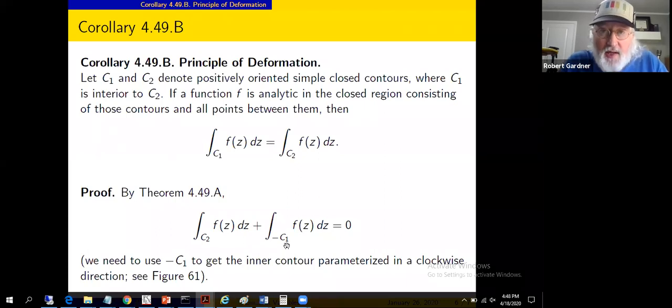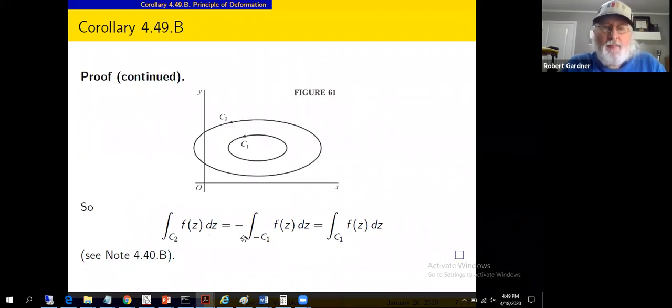Well, let's look at negative c sub 1. Then, remember what we had in theorem 4.49.a. We had a big contour on the outside, and on the inside, we had a bunch of little contours. The bunch is just one this time. And those were oriented in the clockwise direction. Yeah, this c sub 1 isn't, but negative c sub 1 would be oriented in the opposite direction, and that would totally fit what we had in that previous theorem.